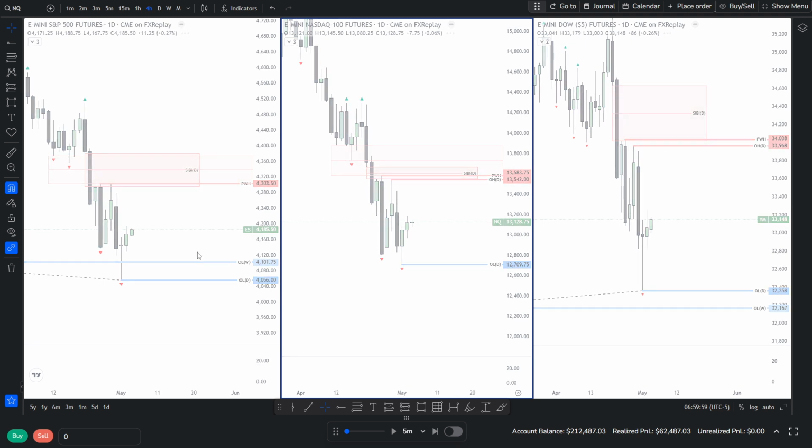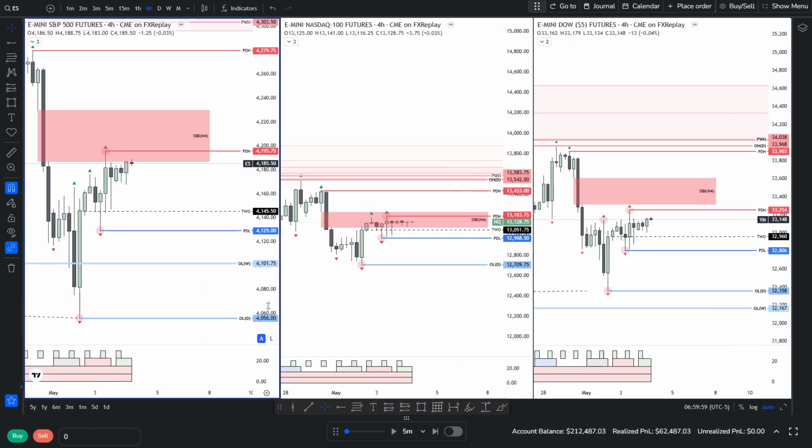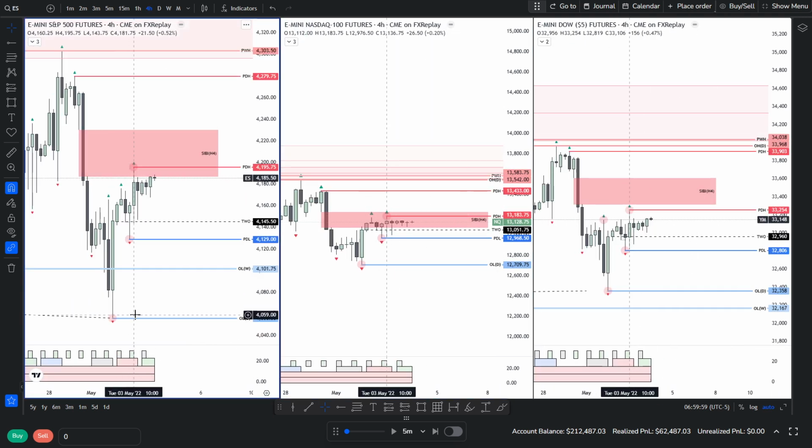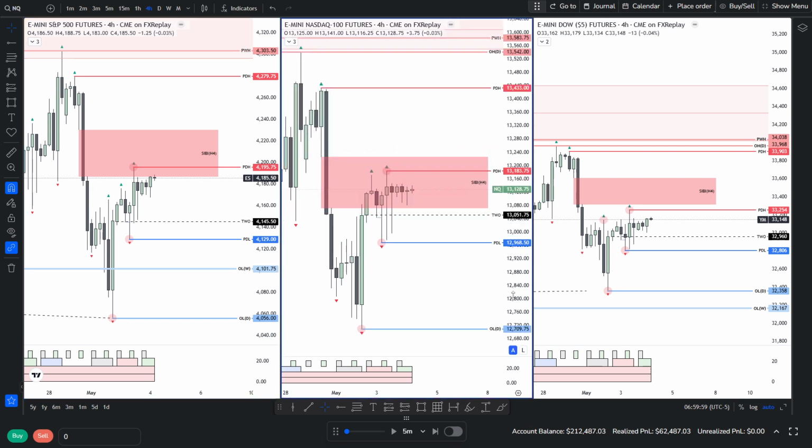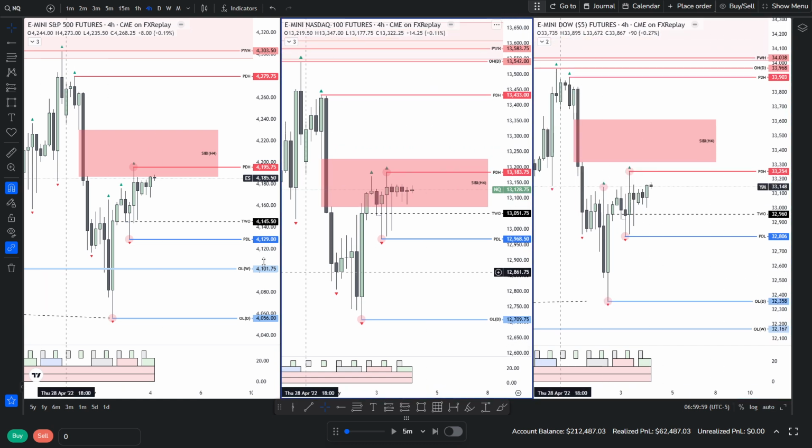So now if we go down to the H4, we could certainly surmise that currently the H4 appears bullish, right?